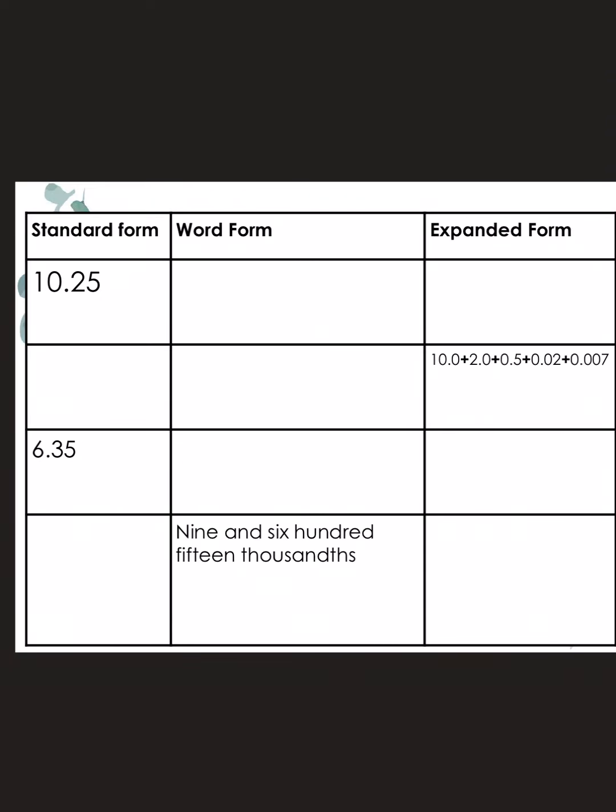To write your decimal in word form, you have to remember that the decimal receives the word and. So this would be 10 and 25 hundredths. You just write 100 and THS for the spelling.